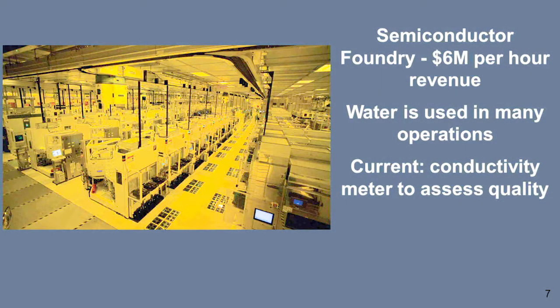In the world, there are nearly 200 semiconductor foundries. They all use lots of pure water in many stages in the production cycle. The way this is done, they take city water, they filter it and disinfect it, and then use the water.